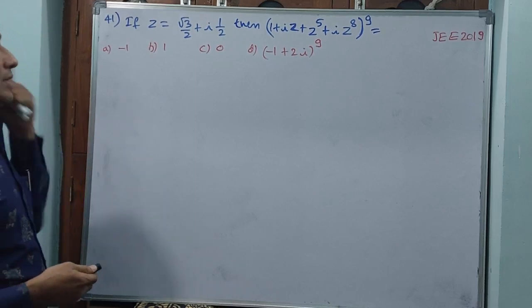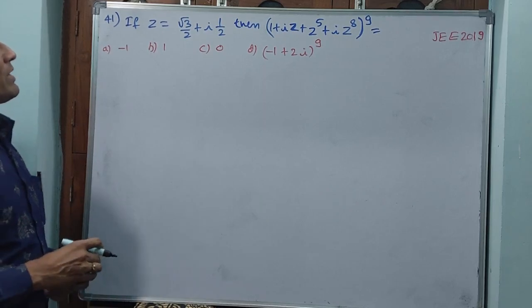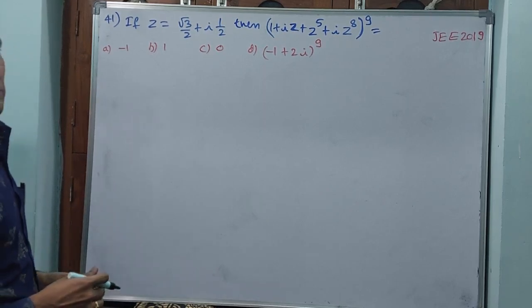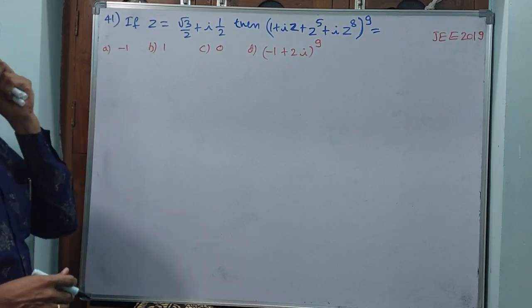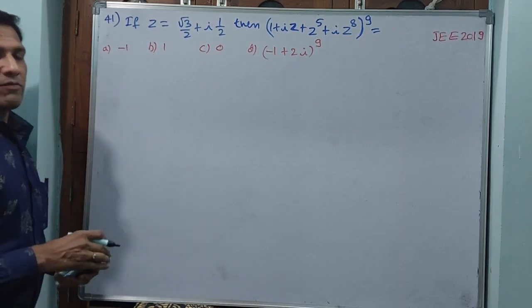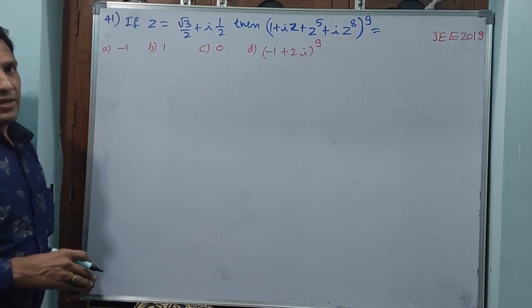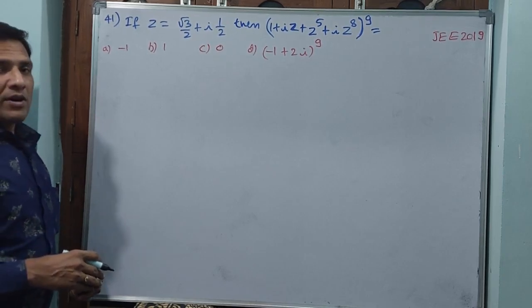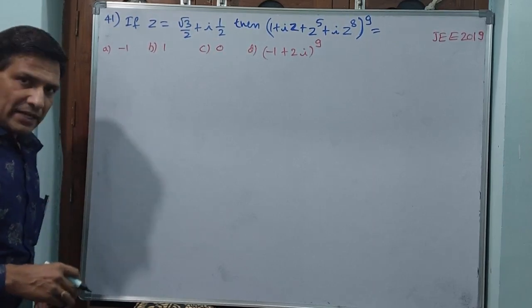Okay. See, first, what is this? You tell me. Root 3 by 2 plus i 1 by 2. Both are positive, which means normally you have to take a first quadrant angle. Root 3 by 2 is cos 30 degree and 1 by 2 is also sin 30 degree. That means 30 will be the angle.